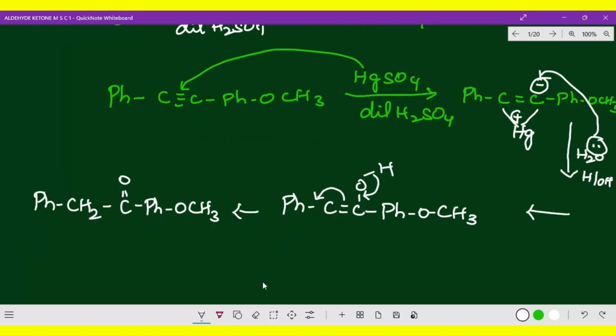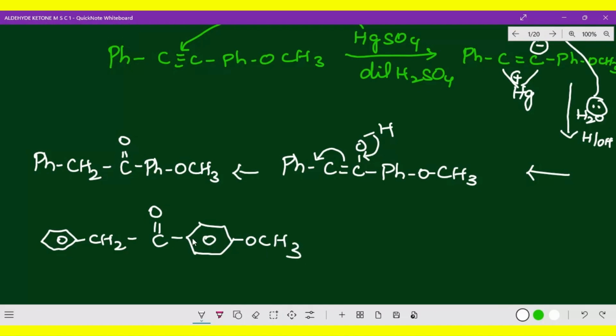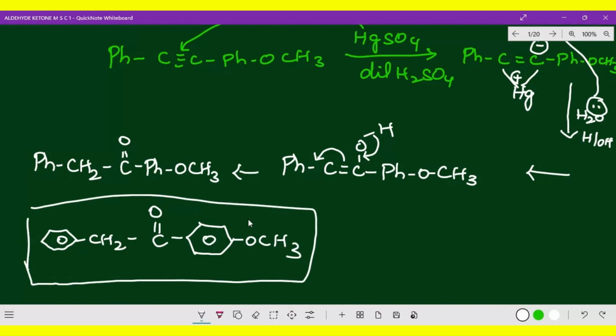That means the benzene molecule is connected with CH2, C double bond O, and the benzene molecule is connected with anisole OCH3. So this is the product you will get, and the correct option will appear like this only. I hope you got that idea.